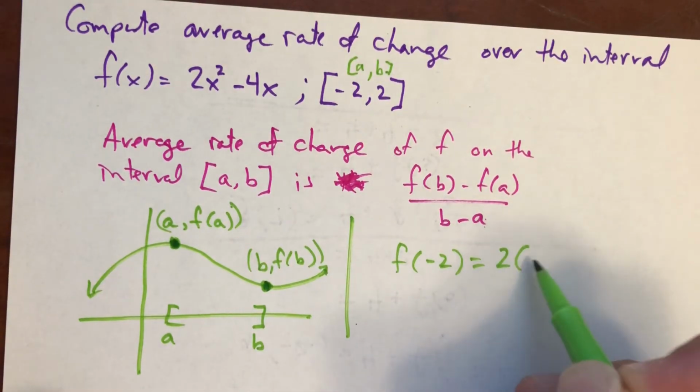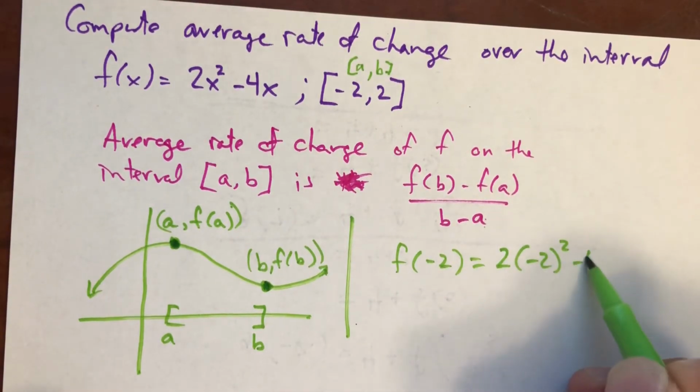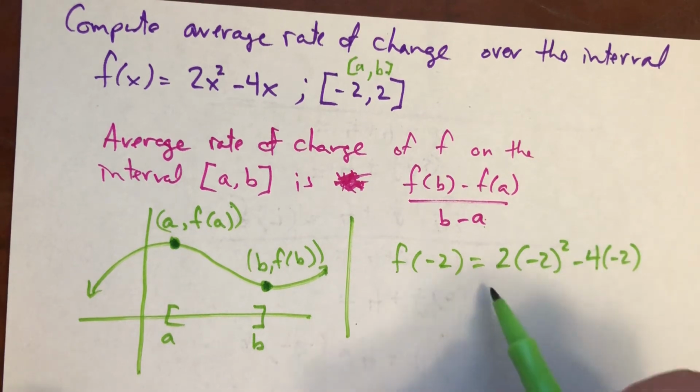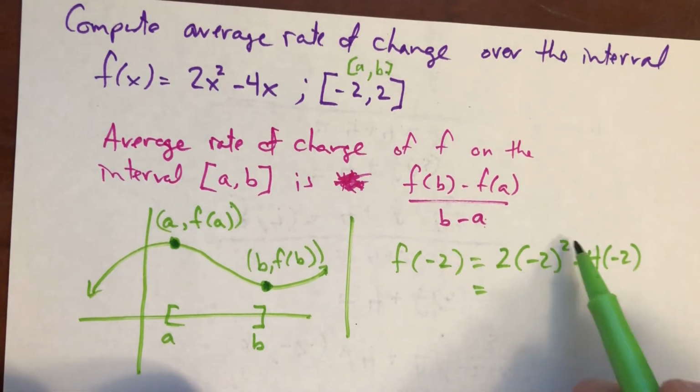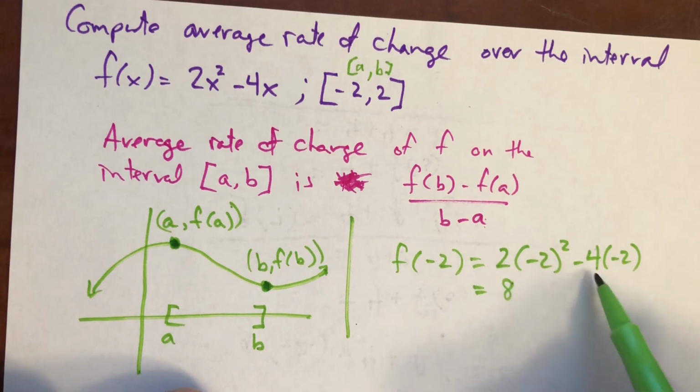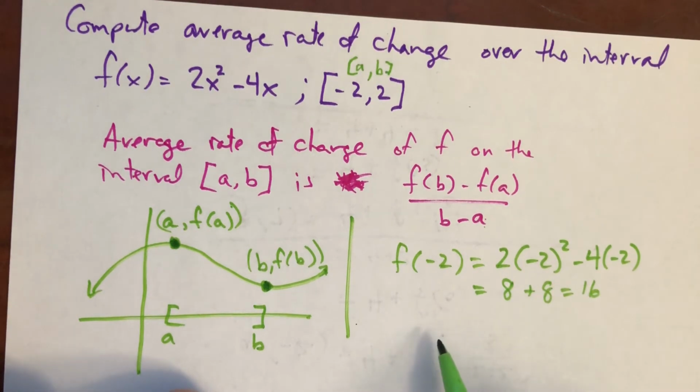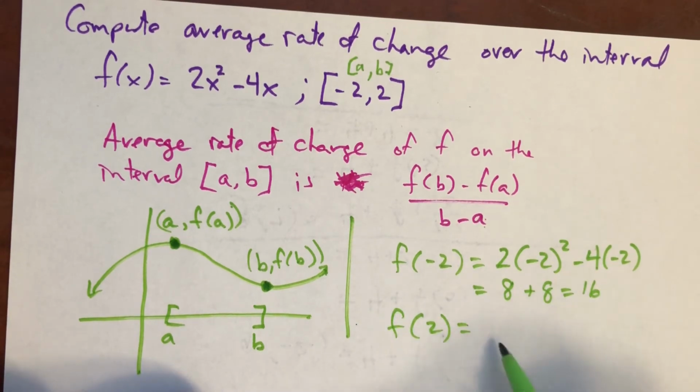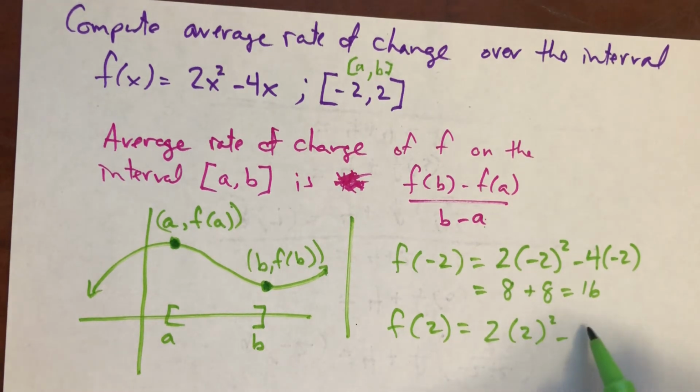So we get 2 times (-2) squared minus 4 times -2. And we can compute this: 4 times 2 is 8, plus 8, so that's 16. Now we want to find f(2), and we're going to do the same thing. Put a 2 in there for x and chug right along.